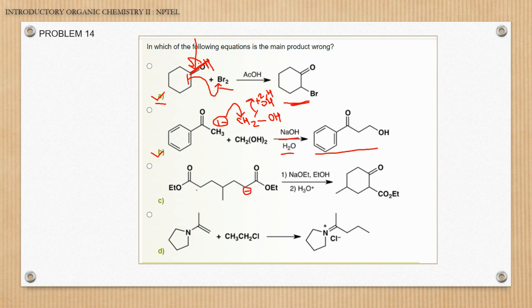So either way is fine for this. How many carbons will form a ring? One, 2, 3, 4, 5, and 6. So this OEt will leave when your oxygen anion comes down and you will find that this product is the only product which is getting formed. Okay, so this is also the correct outcome.